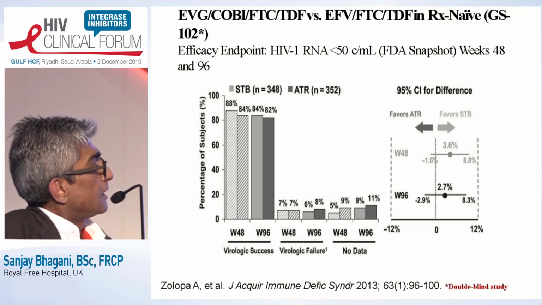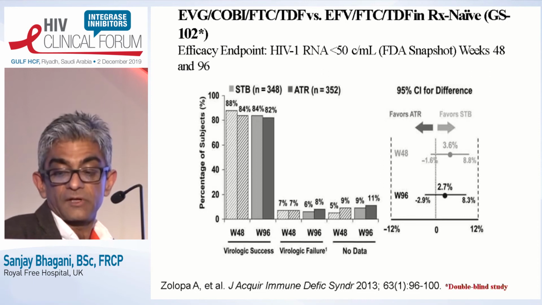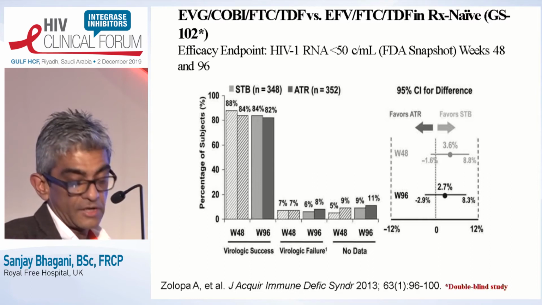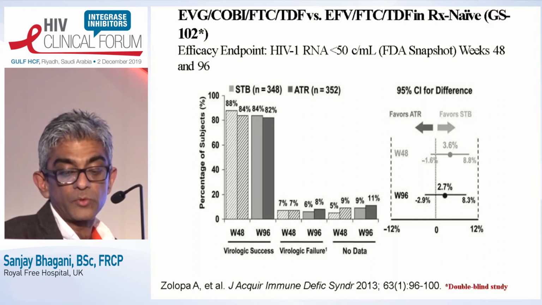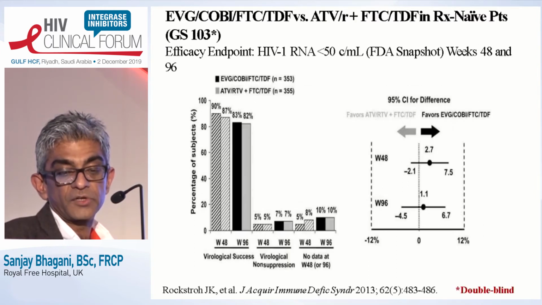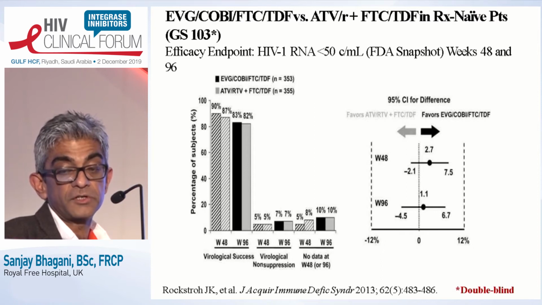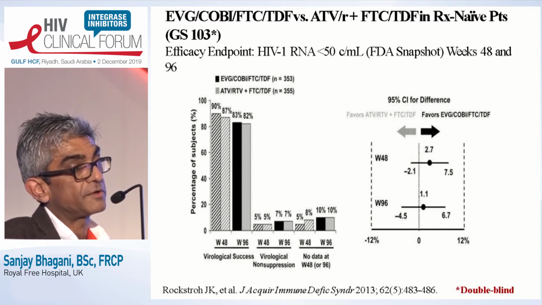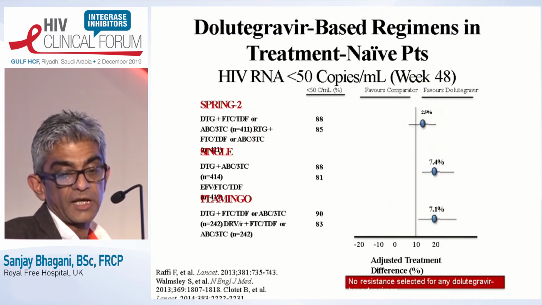And as you can see on the right-hand side, in terms of 95% confidence interval for the difference in response, elvitegravir cobicistat was non-inferior to Atripla, suggesting that this was equipotent as a fixed-dose combination. Similarly, the fixed-dose combination was compared to atazanavir ritonavir combined with Truvada in treatment-naive patients, and again, similarly, this was found to be non-inferior in terms of virological response at week 48.